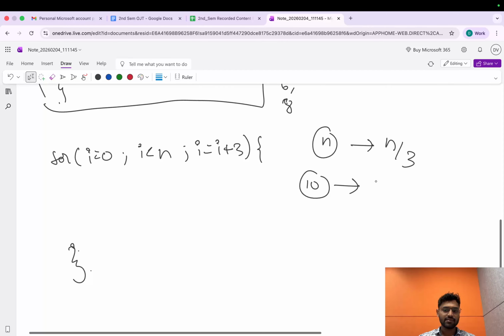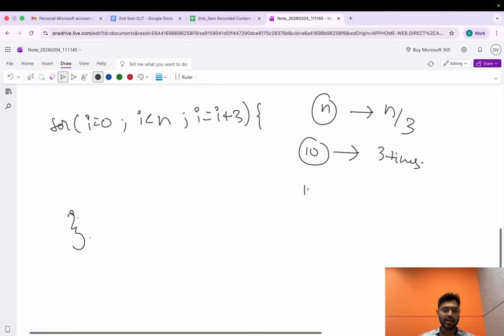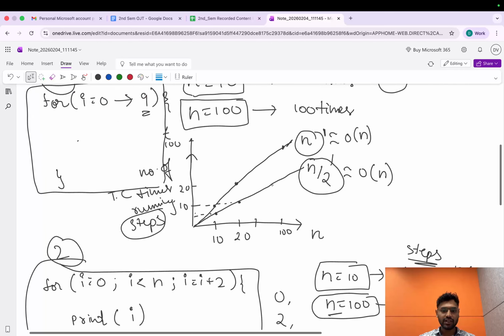We're going to run 3, 6, 9, so 3 times. N equals 100. If you see closely, how many times is it going to run? 33 times, right? N divided by 3, because every time we are incrementing the i value by 3, so it will be running 33 times. So if you plot a graph for this, it will look something like this.